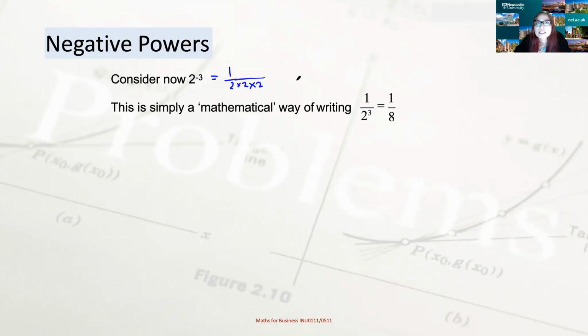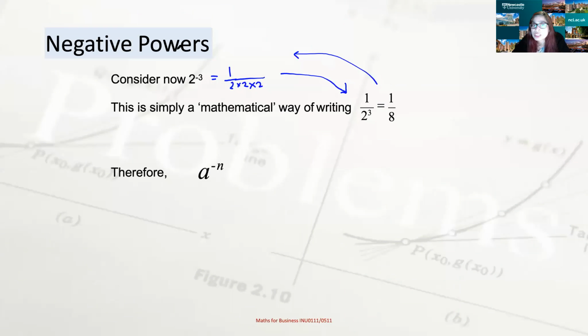Here, when you take this 2 cubed to the numerator, the power becomes negative. So you can write this back. It's nothing but 1 over 8. You can use your calculator and find the decimal places. In decimal places you can write the number.